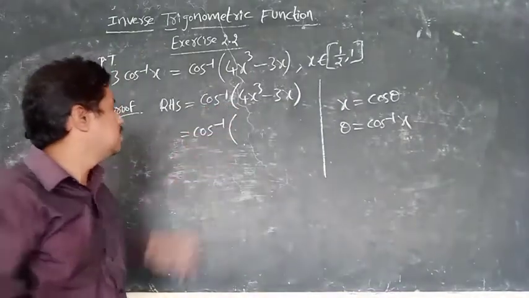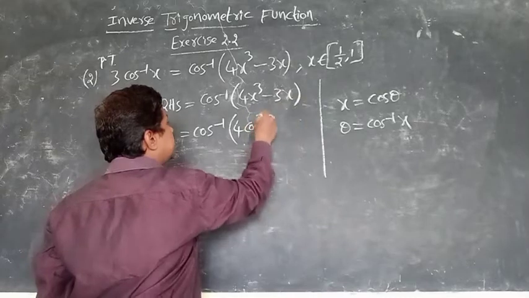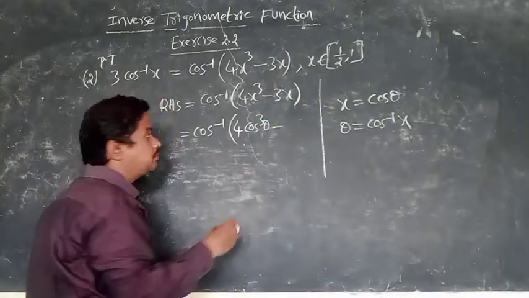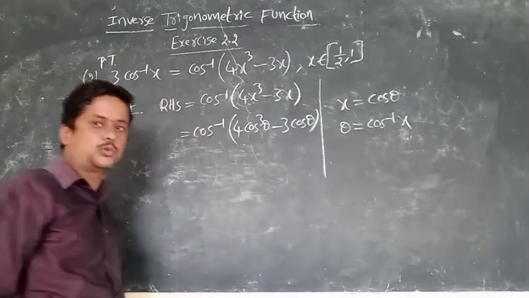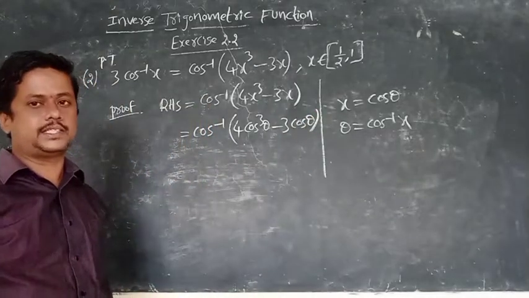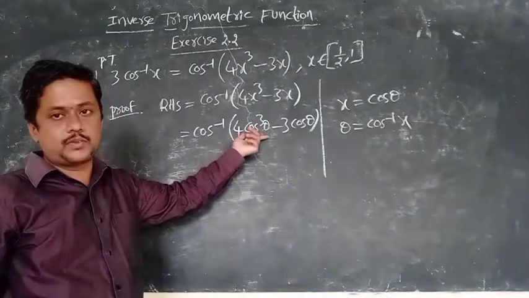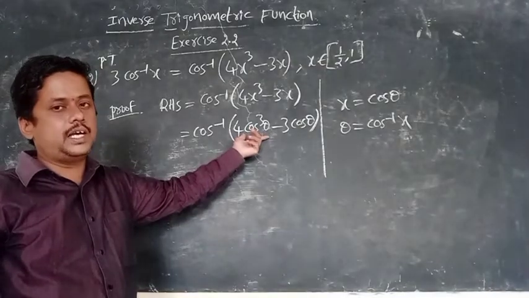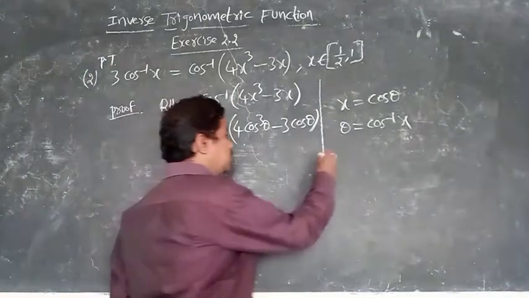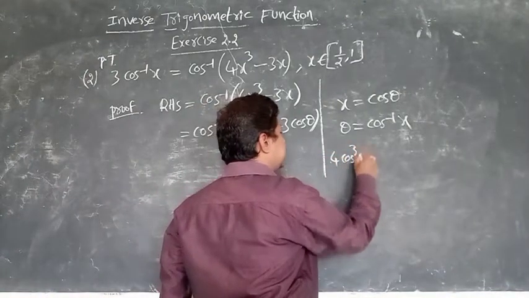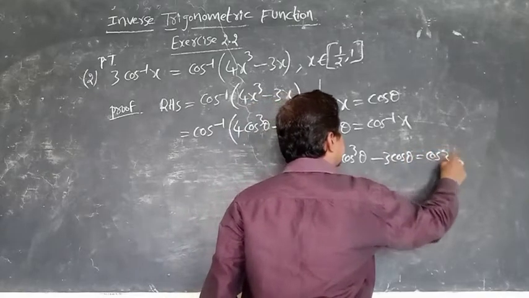Now substitute cos theta in place of x here: cos inverse of 4 cos cubed theta minus 3 cos theta. This was already discussed in first PUC. 4 cos cubed theta minus 3 cos theta is equal to cos 3 theta.